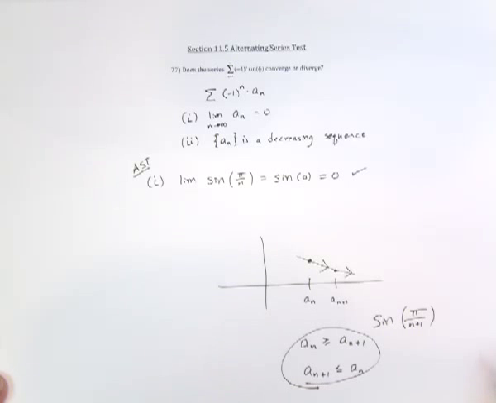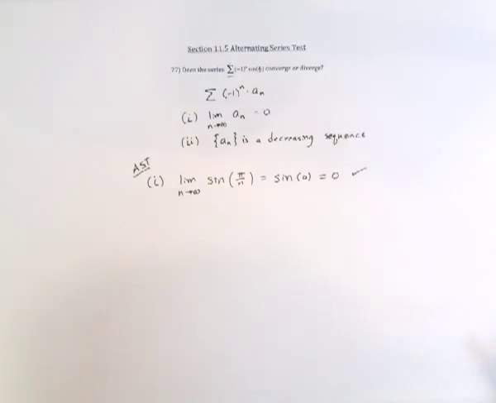And then I would have to prove an inequality, which means that somehow I would need to take this apart, and I don't know any trig identities for sine of pi over n plus 1. So instead, I'm going to do it this way and deal with the derivative. Show that the derivative is negative. That means that it's decreasing.